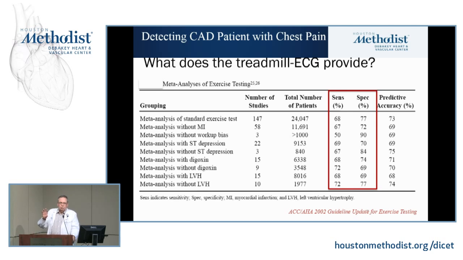I think it's important to remember, though, because when you finish your training, you're not necessarily going to go to a Houston Methodist hospital setting. Some of you may end up in some sort of smaller community, and stress testing does play a role. I think Faisal showed it very nicely: sensitivity and specificity for disease are not the best.